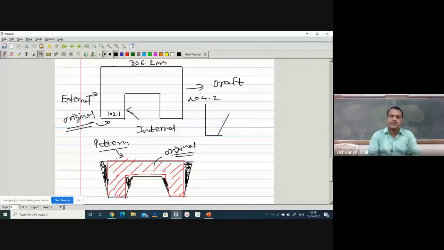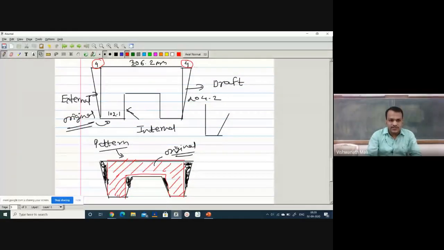On these dimensions, we need to do the draft allowance. Suppose now we have given a draft of 2 degrees, and with the help of this 2 degrees its dimension changes. So here suppose it changes by 4 mm, and also here it changes by 4 mm. Can you see? Due to the draft allowance, the dimension changed by 4 mm.